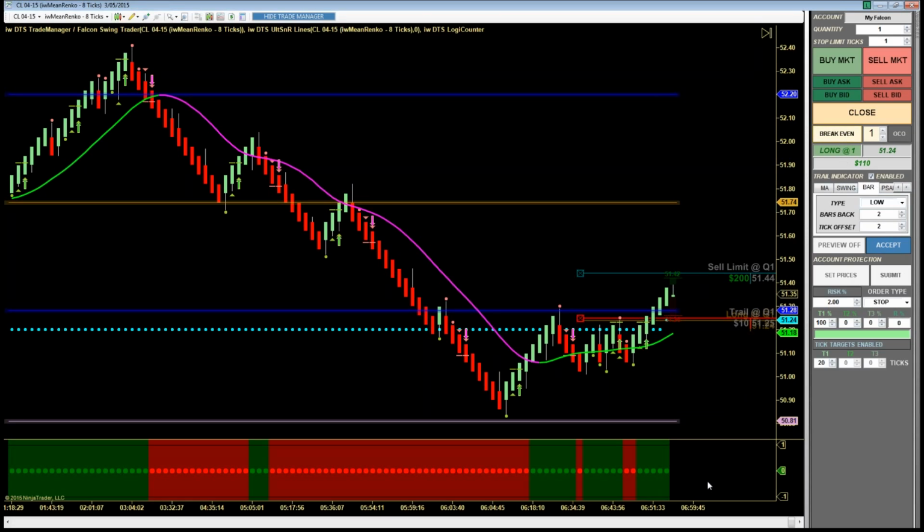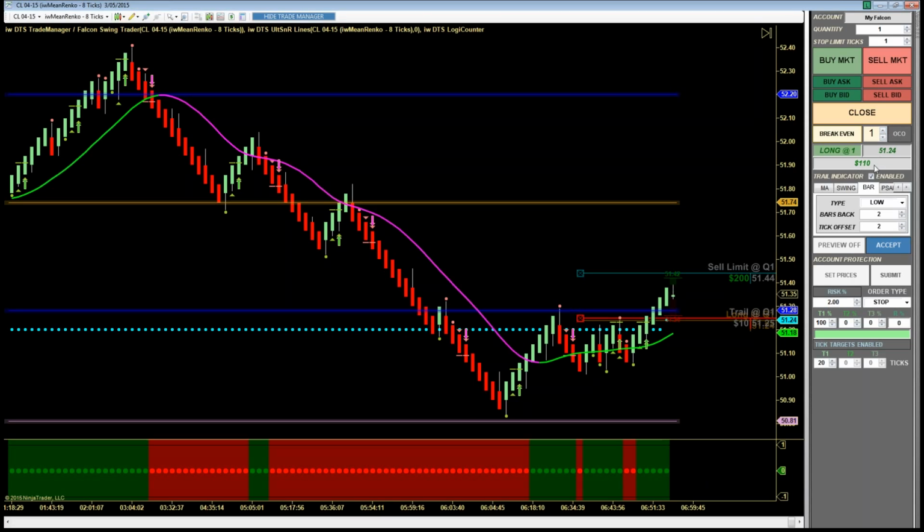We'll take it break even plus one, so at least Mr. Broker gets paid. So, seeing a little bit of a reaction to the breakout now.